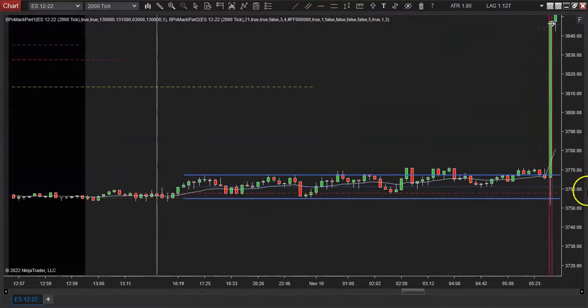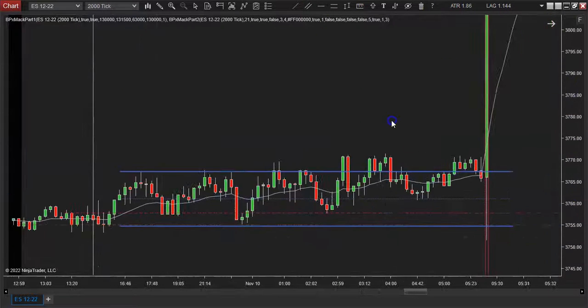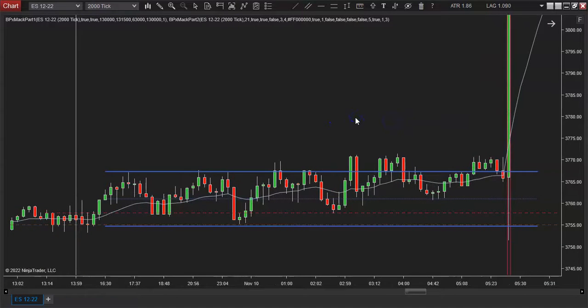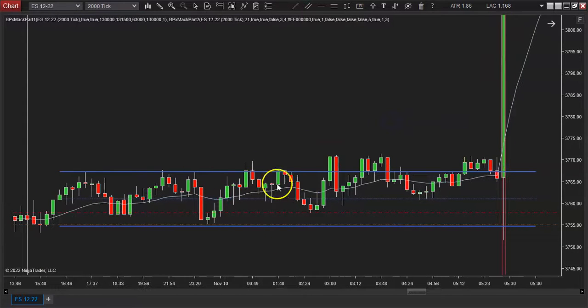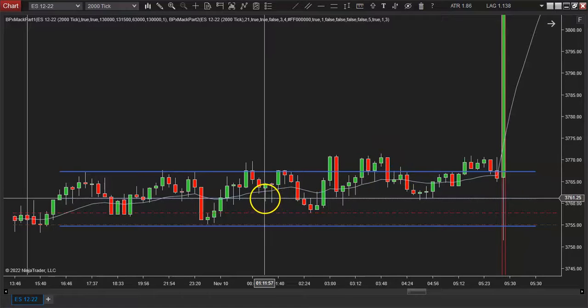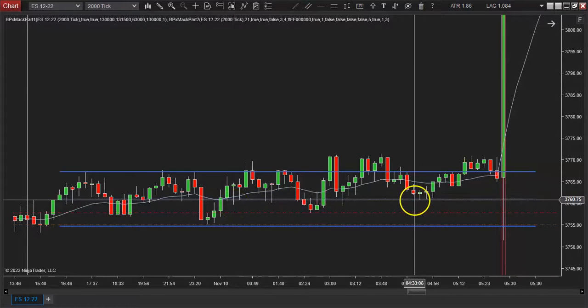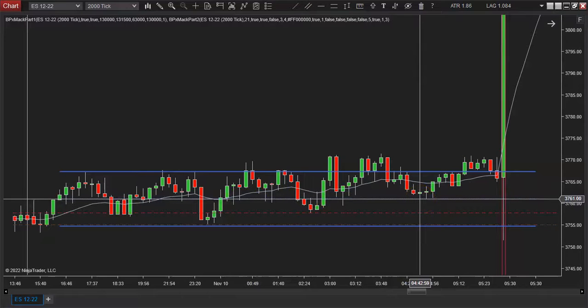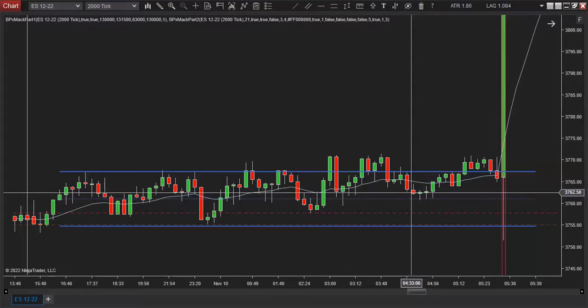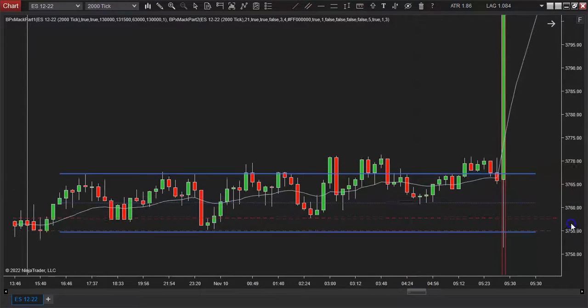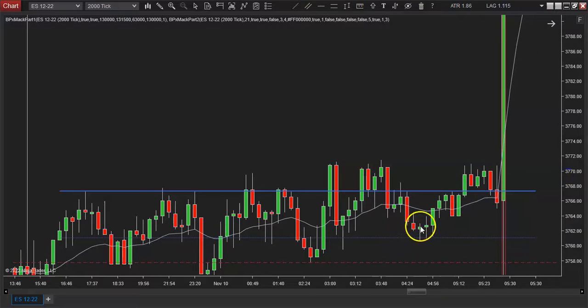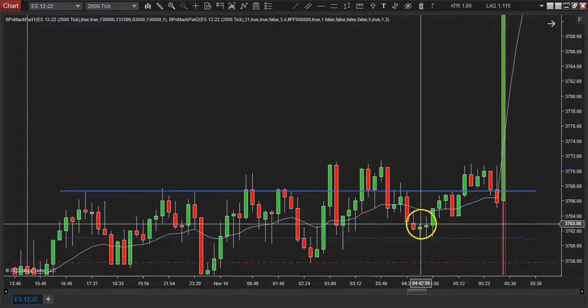So in the overnight, prices were just ranging, and prices were holding on this midline from midnight until 4:45. So I saw this second entry on the MES, and I took this second entry.